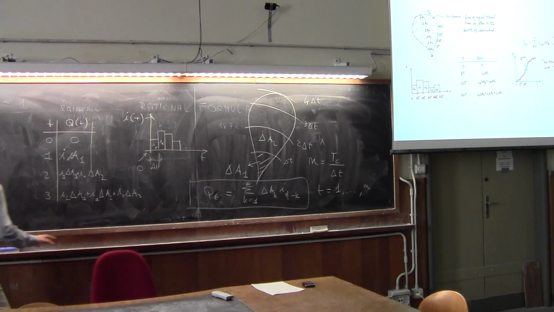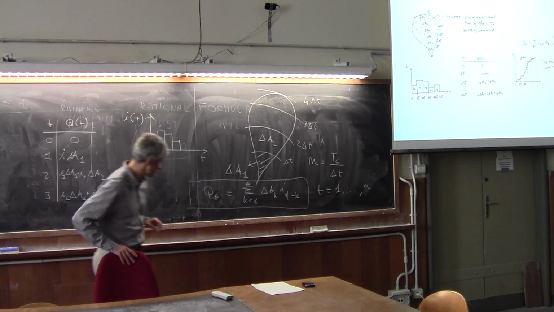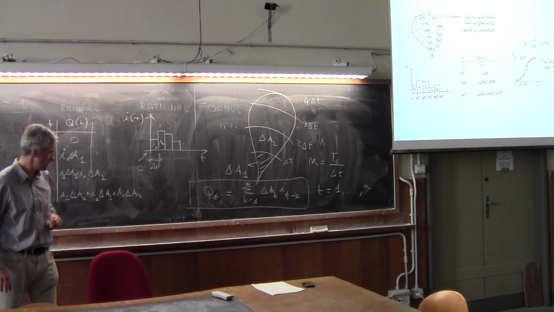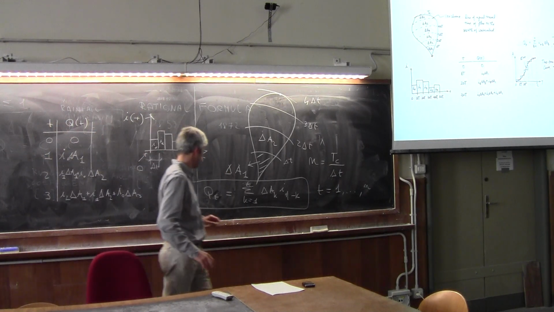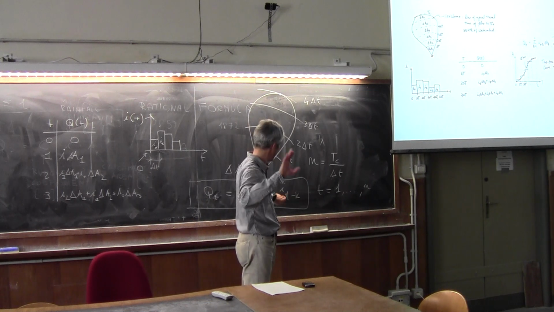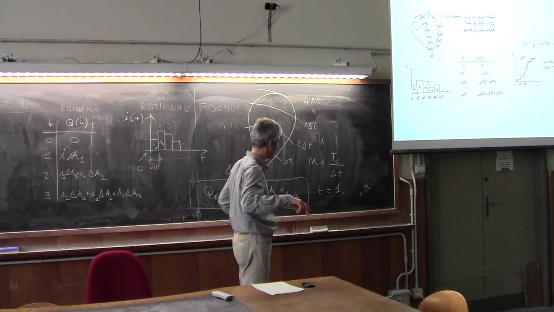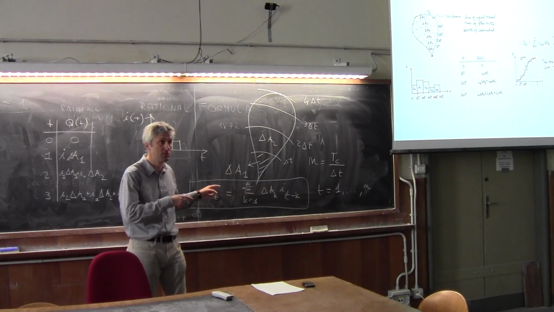Delta AK times I 5 minus K, correct? Yeah. Sorry, I didn't notice that. This was T, not N. Do you remember that I made the change between N and T?